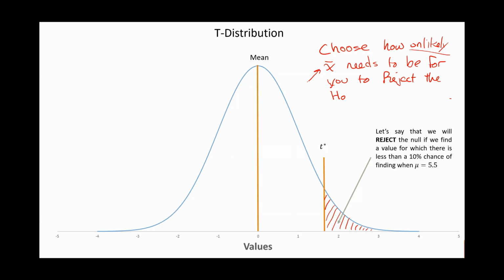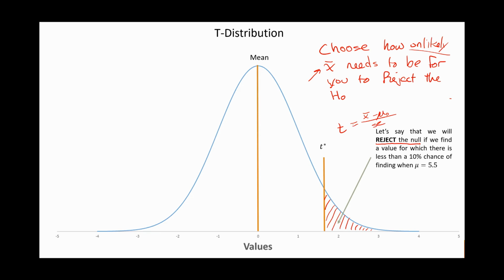We will calculate a t-statistic for our sample mean, and we will choose how unlikely that needs to be for us to reject the null. Let's take a first example. Let's say we decide we will reject the null if we find a value, meaning our t-statistic, which corresponds to our sample mean.